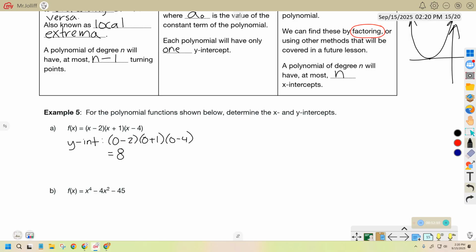That's okay. Next one, we do the x-intercepts, which are when f of x is equal to 0, meaning that whole expression is equal to 0.